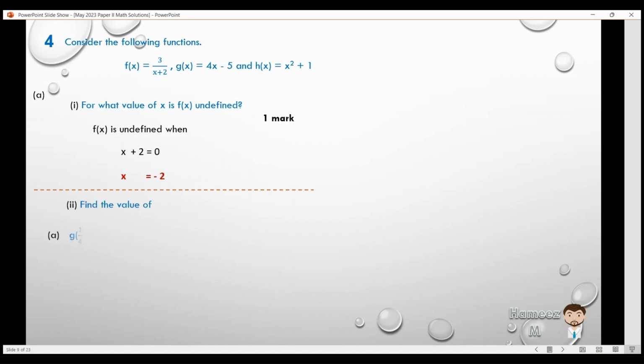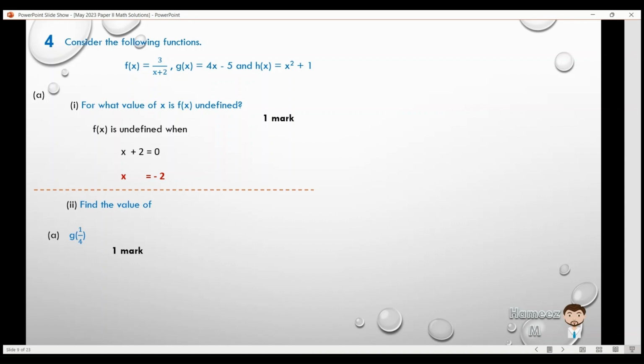Find the value of g of a quarter. Many times when you look at the playlists where we've done functions, I normally bring up a flow diagram to represent it, but I'm thinking we're accustomed to that. So g of x is equal to 4x minus 5.